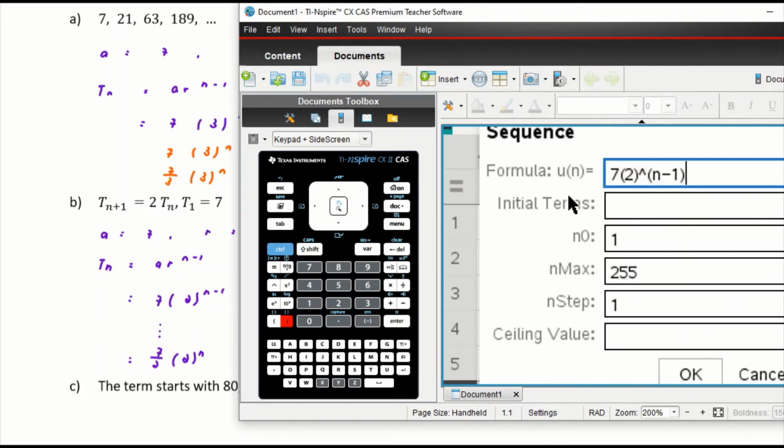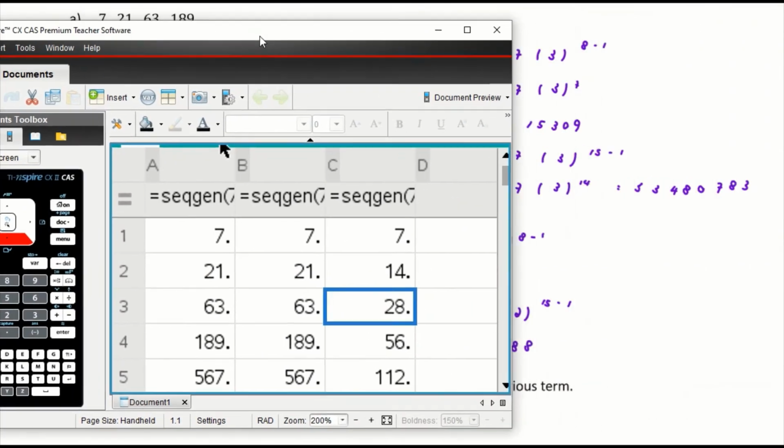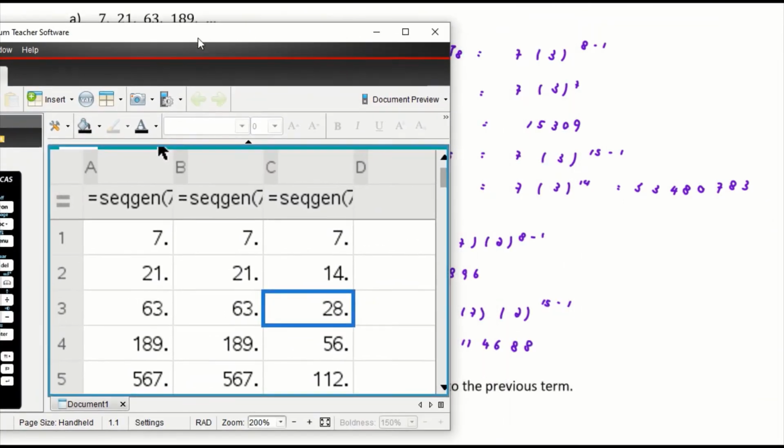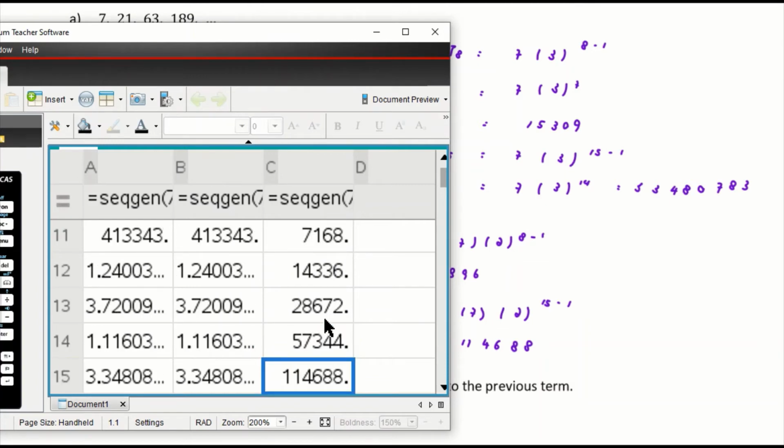After you get this, the initial term is 7, right? So make sure you type in all the correct things here. When you move on, you get exactly the same thing as what we have for the answer. So T8 is 896. Then after that, T15 is 114688.